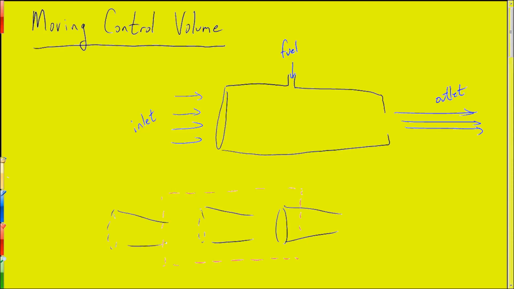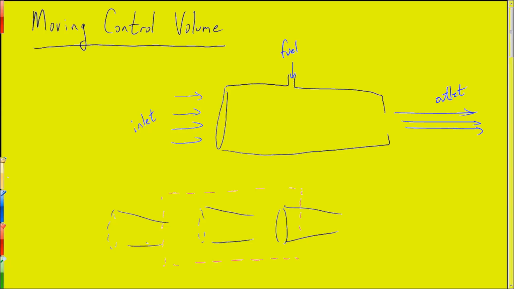All of a sudden the problem becomes really difficult, because do we analyze the system when the engine is in the middle? And if we do, do we have to take anything else into account? How are we going to deal with the fact that the engine itself isn't stationary?